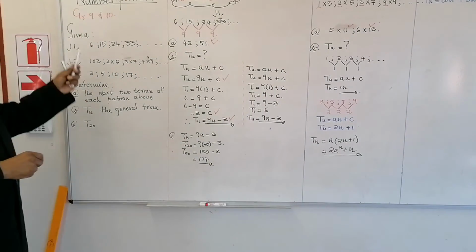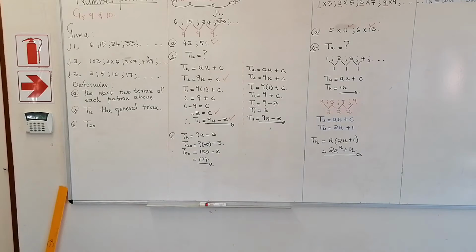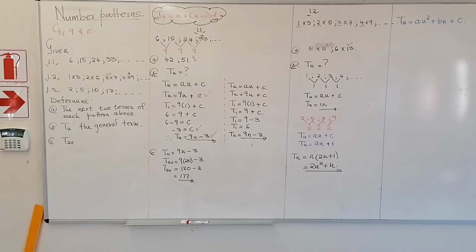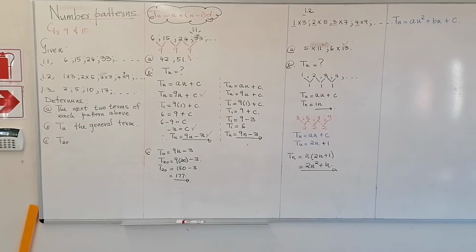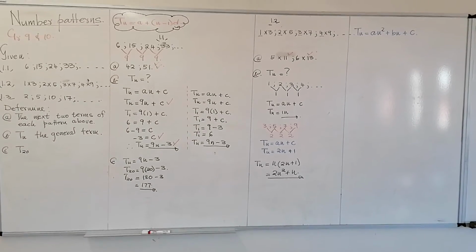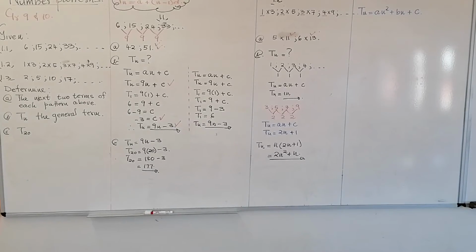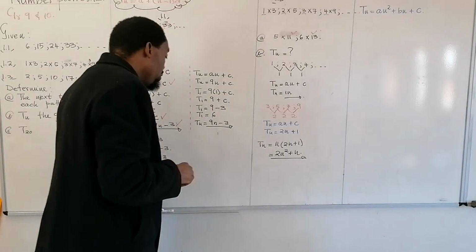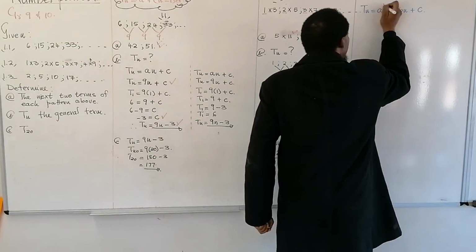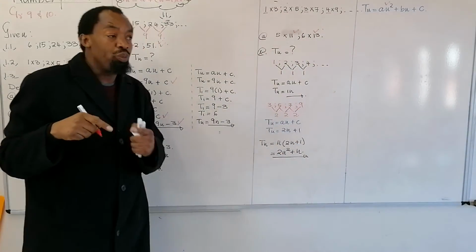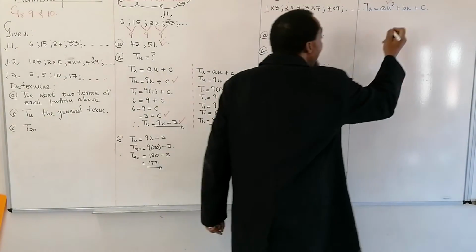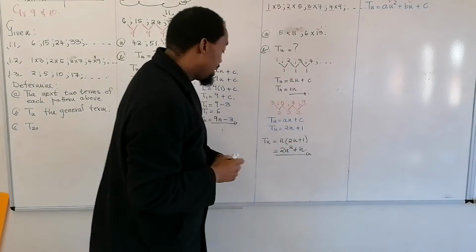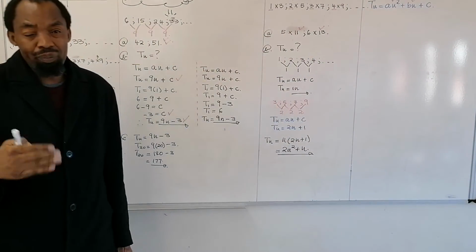But now, because we are doing grade 9 and 10 for now, your quadratic pattern will always, be very careful of that statement, have only 2 terms. It would be that, obviously, for it to be a quadratic pattern. And this one, like we did there, 2n squared plus n.